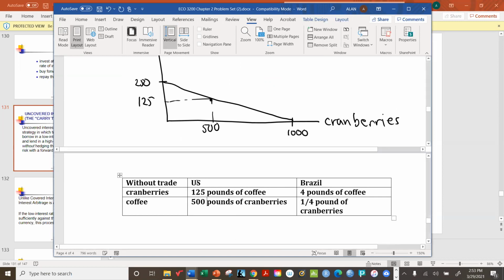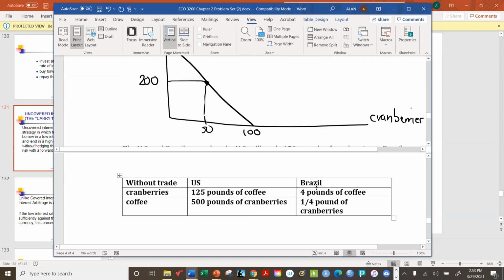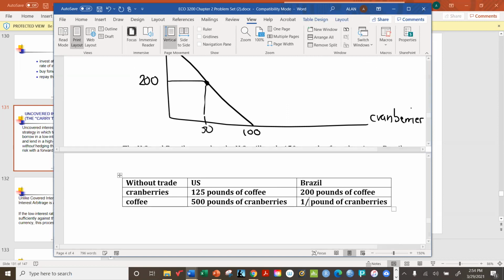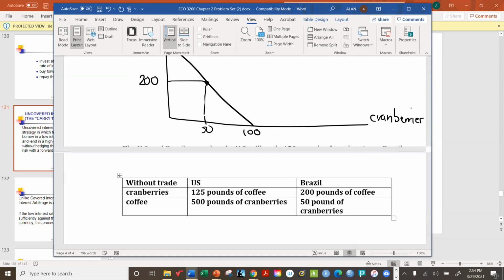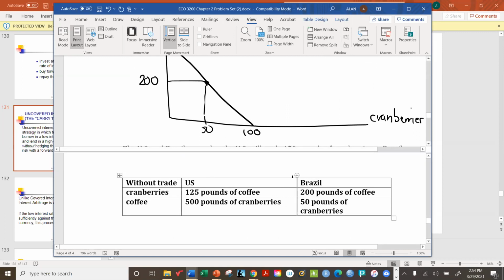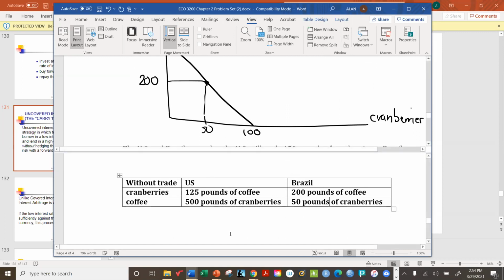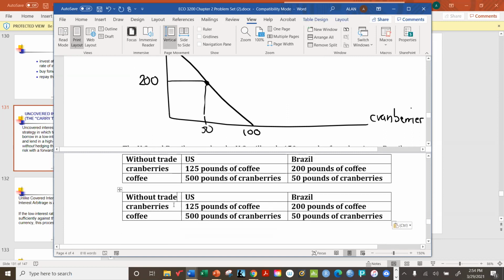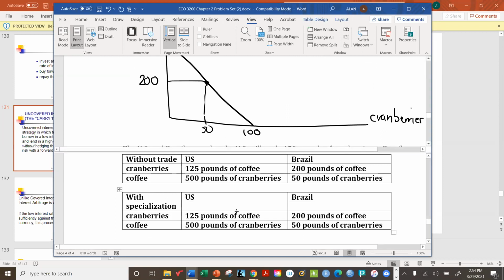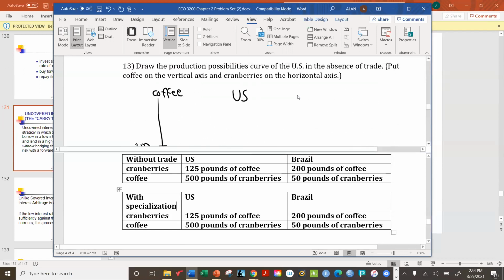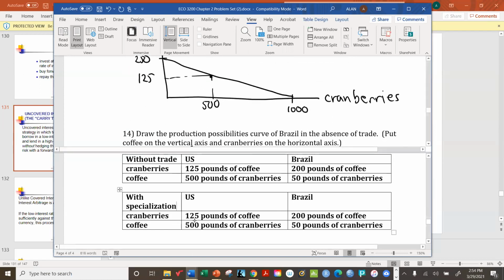Brazil, on the other hand, chooses to produce 200 pounds of coffee and 50 pounds of cranberries. Then we need to keep track of what's going on with specialization. All right, so in that case, the US only makes cranberries. In fact, the US can make 1,000 cranberries, but no coffees.